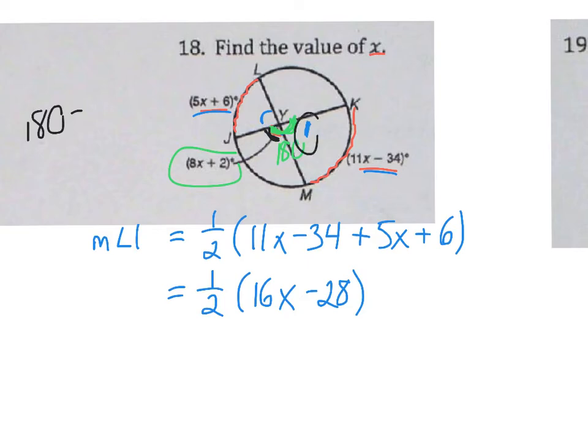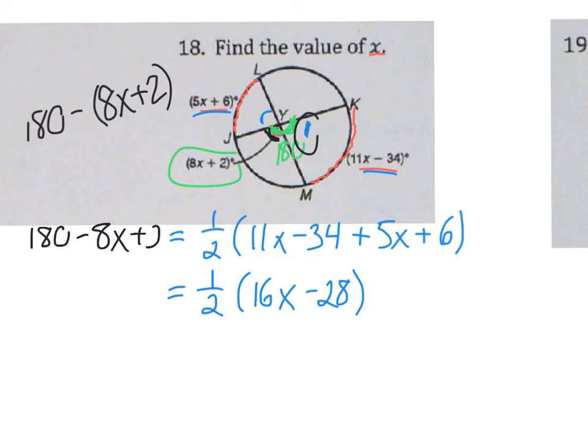So what I'm going to do to represent angle 1 is I'm going to do 180 minus that 8x plus 2. And that's what I'm going to put down here instead of the measure of angle 1. So we'll just erase this one. So it's going to turn into 180 minus 8x plus 2.